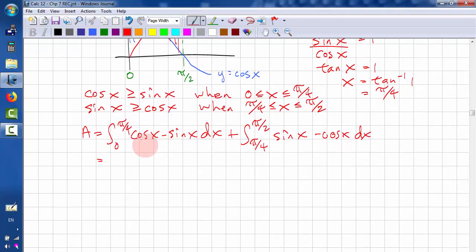And this is straightforward to integrate. The antiderivative of cos is sine, and the antiderivative of negative sine is positive cos, from 0 to pi over 4, plus the antiderivative of sine x is negative cos x.